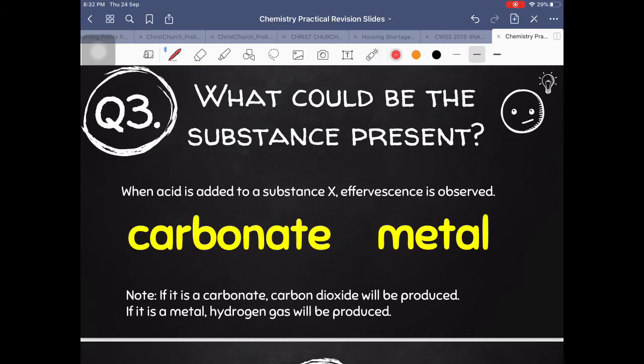When acid reacts with carbonate, there will be effervescence observed. So substance X could be a carbonate. Another reaction is if you react a reactive metal with acid, hydrogen gas is also observed. So substance X could be a carbonate or a metal.